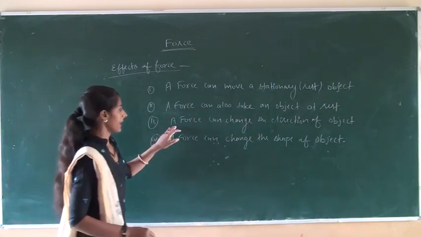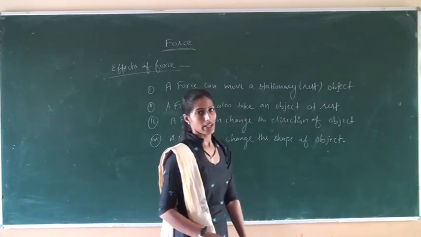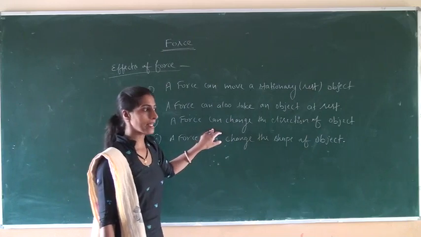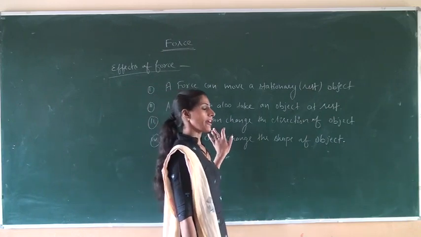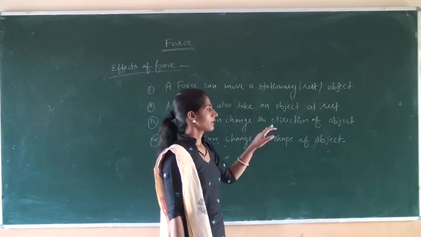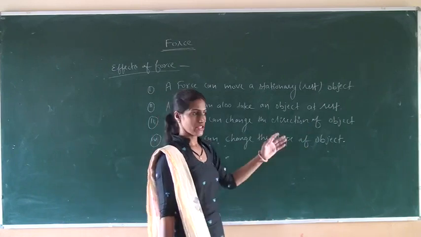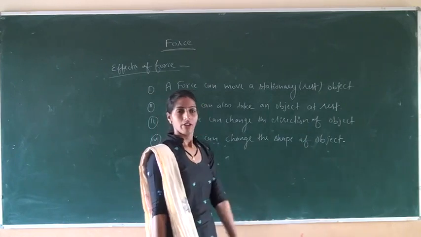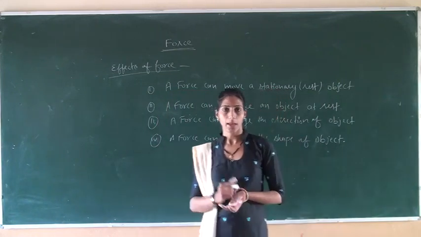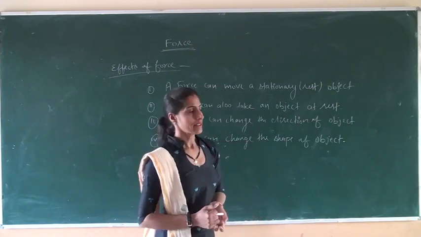Okay? After that, third one is a force can change the direction of the object. In this case, when a cricket player hits the ball with the bat, then the speed as well as direction of the ball will change, and the person who catches the ball also applies a force in the opposite direction to bring the ball to rest.